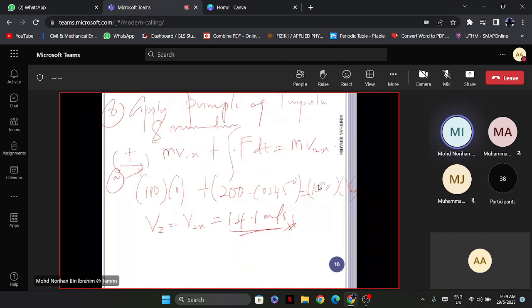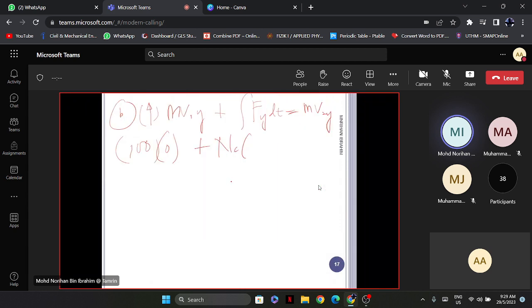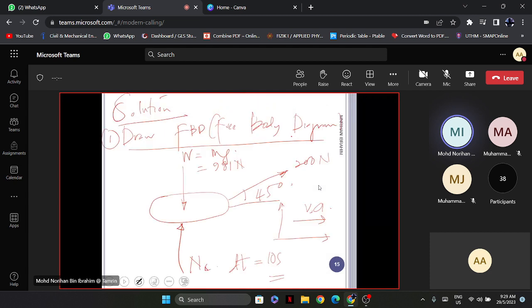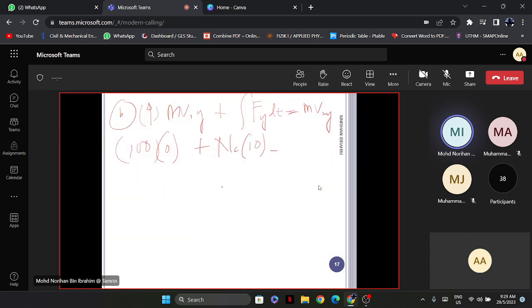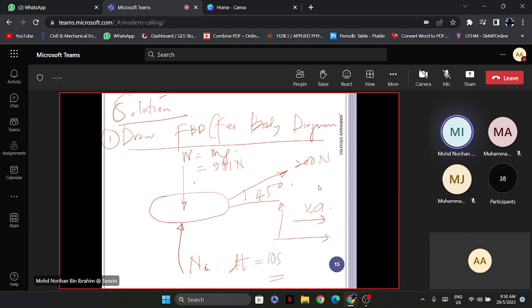So this is the integral of F dt within 10 seconds: NC times 10, minus W, which is 981, times 10, plus another one, which is 200 sin 45 degrees.